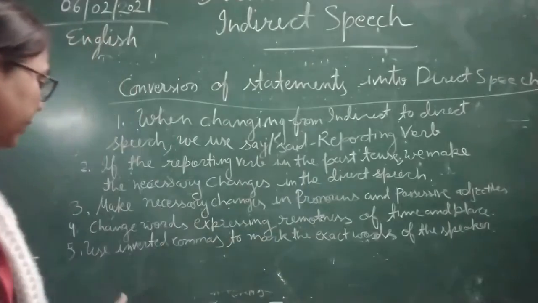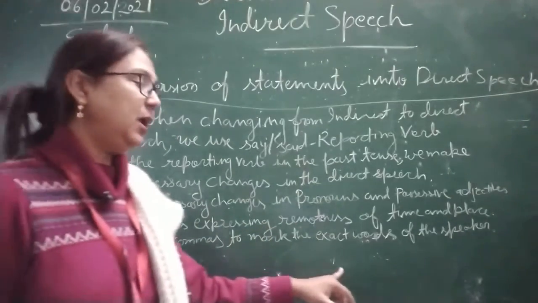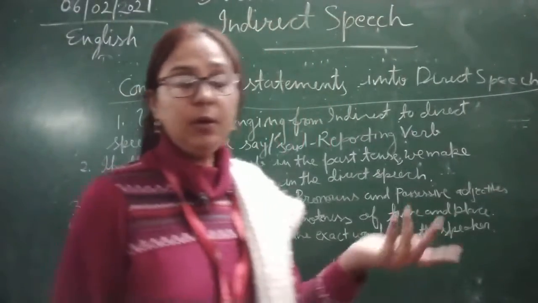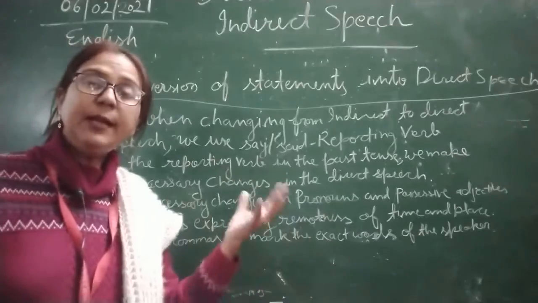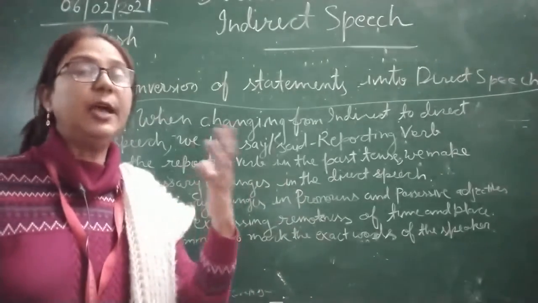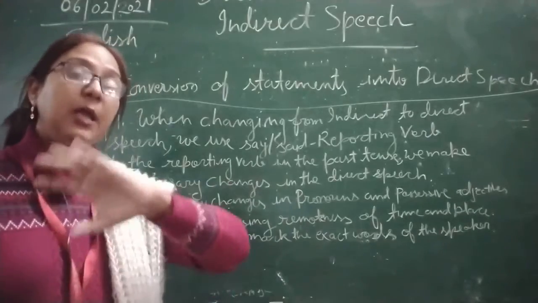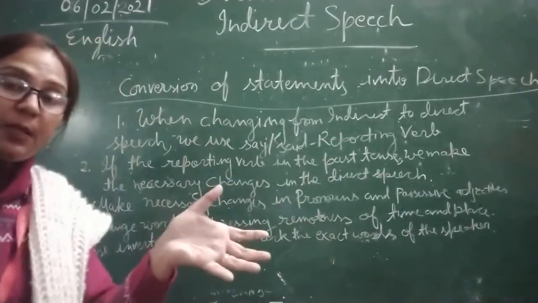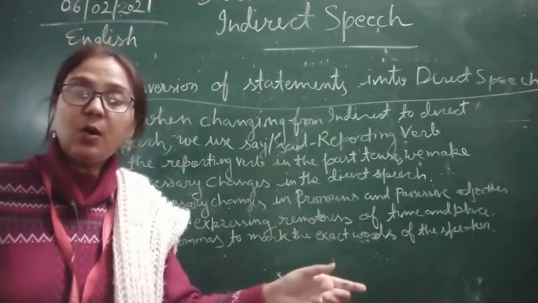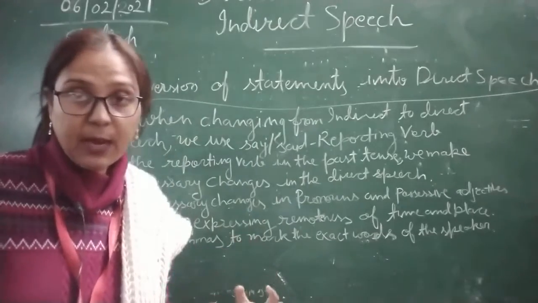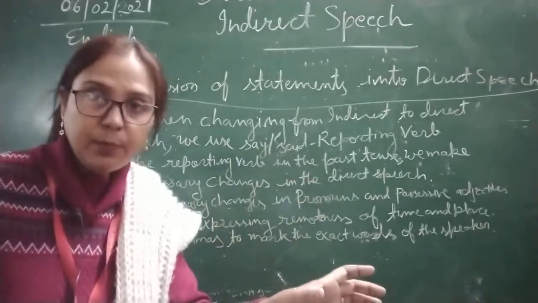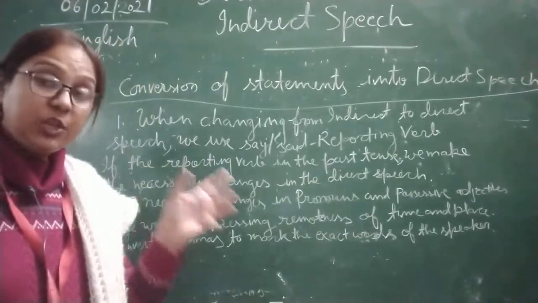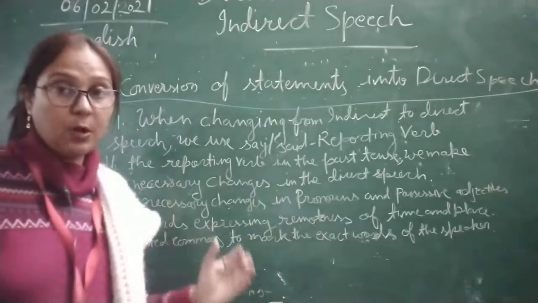So, use inverted commas to mark the exact words of the speaker. We have already learned how to convert direct to indirect and indirect to direct. So, whenever we are making indirect to direct, the same things will be followed. We just add the inverted commas and a comma; in place of that, we remove it and put inverted commas and commas, and make the necessary changes in possessive adjectives and pronouns.